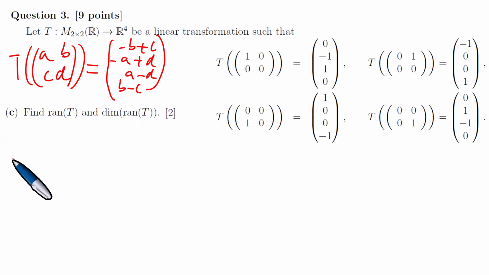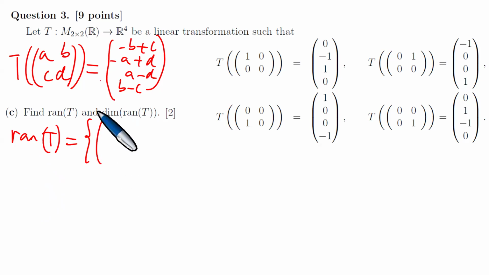Now we want to find the range, and the range is something very easy. So what then is the range of T? The range of T is a subset of the codomain. In other words, the range of T consists of all the vectors in R4 with the image defined.